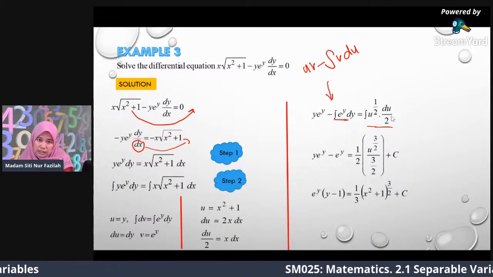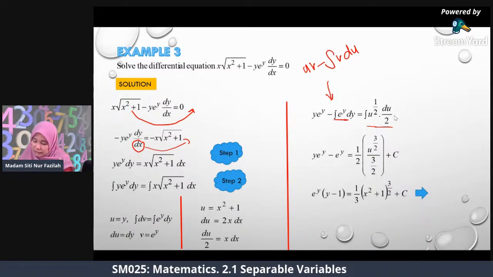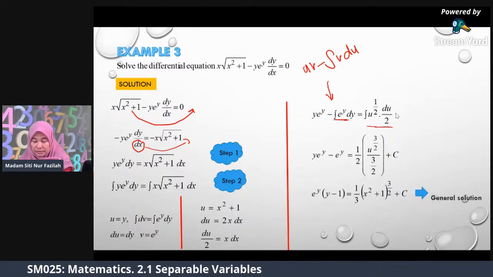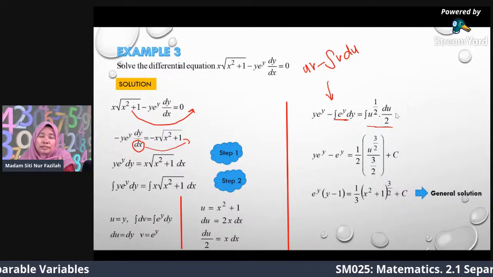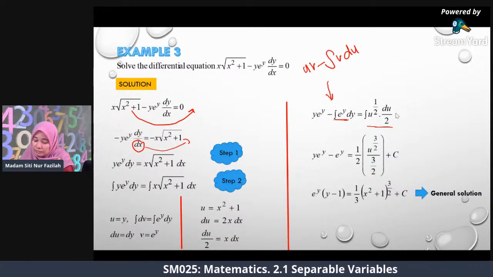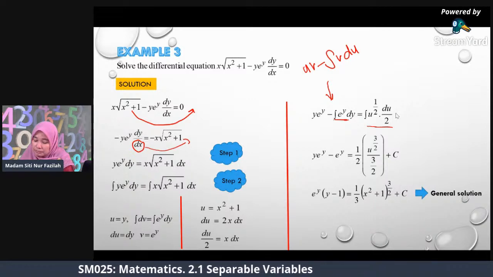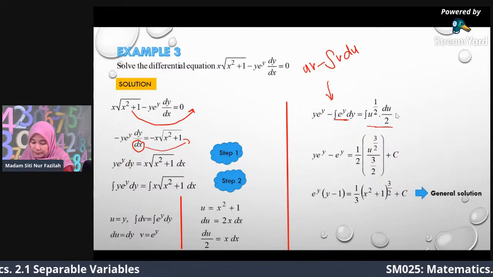This is the final answer as a general solution only, because the question does not give a condition to find a particular solution. That's why we just stop at the general solution.